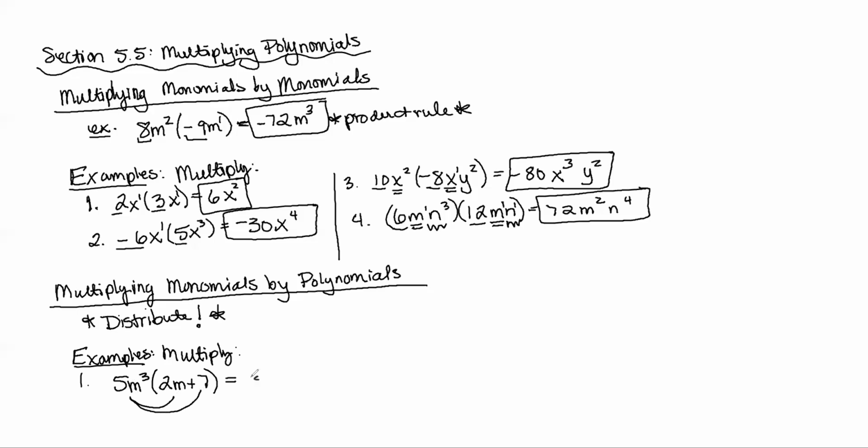So we're taking 5m cubed, and we want to multiply it by 2m, plus take 5m cubed and multiply it by 7. And then if I go ahead and actually multiply those, 5 times 2 is 10. M cubed times m is m to the 4th. Plus 5 times 7 is 35. Bring over the m cubed.